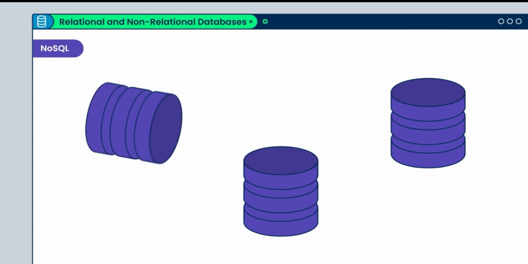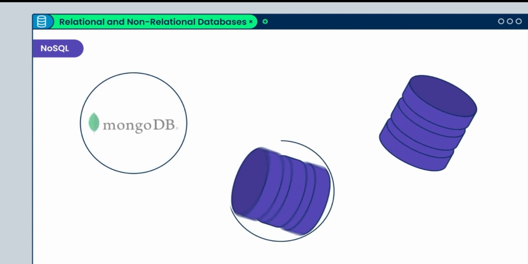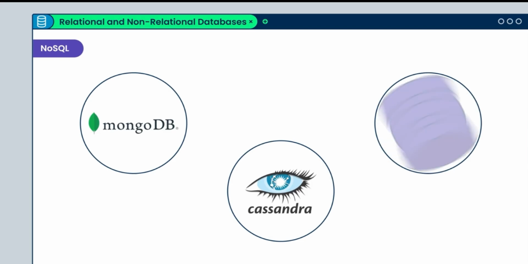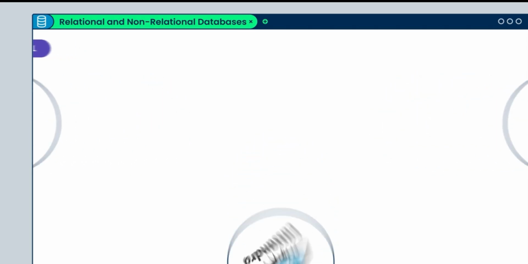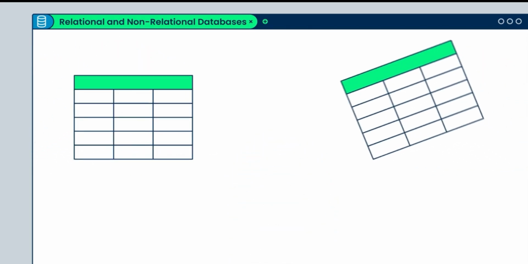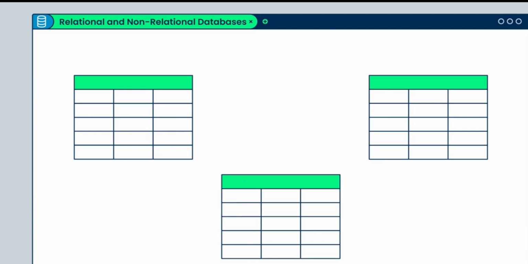Examples of non-relational databases include MongoDB, Cassandra, and Redis. A relational database for the tetanus vaccine campaign is a good choice since the information is structured and related. For example, patients, vaccine doses, and clinics are all related because a patient receives a vaccine dosage at a clinic.